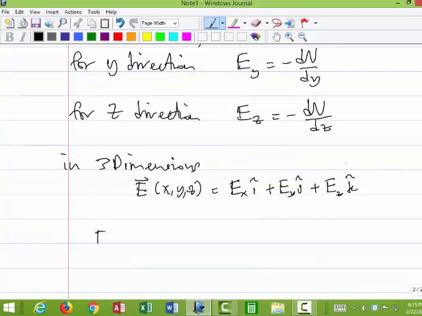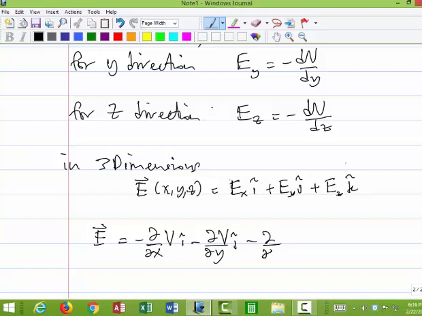So the electric field in three dimensions is going to be minus the partial with respect to x of V, i hat, minus the partial with respect to y of V, j hat, minus the partial with respect to z of V, k hat.